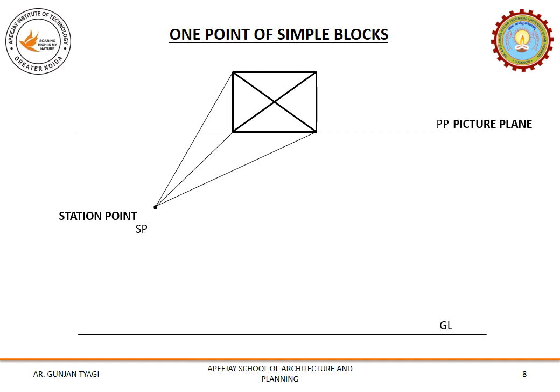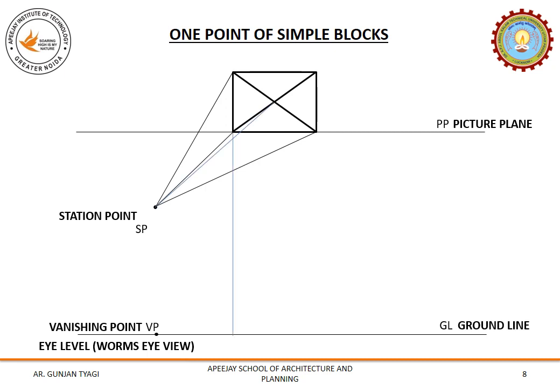Now we receive the ground line. On the ground line, we have identified our vanishing point. In this case, we will be solving the object in the worm's eye view. Now, identifying the vanishing point, the eye level as worm's eye view, we will draw the lines from the picture plane having the object to the ground line.